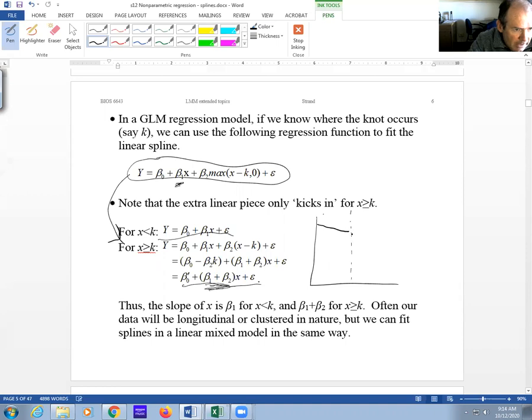Well, we have a new line at this point that changes direction, and let's say in this case it goes up. So let's say our line goes like this at that point. The slope of this line is beta 1. Here's our beta 1. And then this slope is beta 1 plus beta 2.